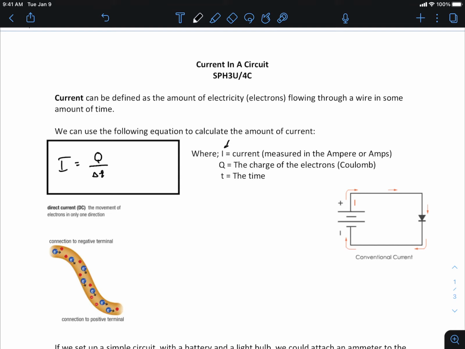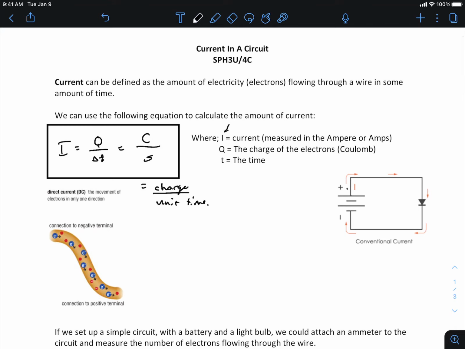Okay, so we can see that the units are charge per unit time, seconds, which means charge per unit time.